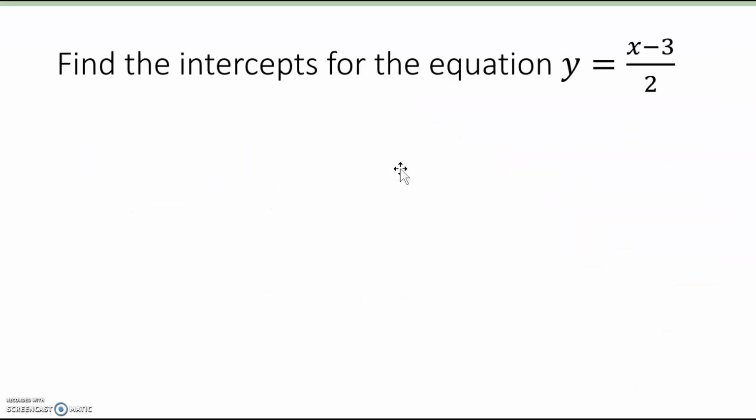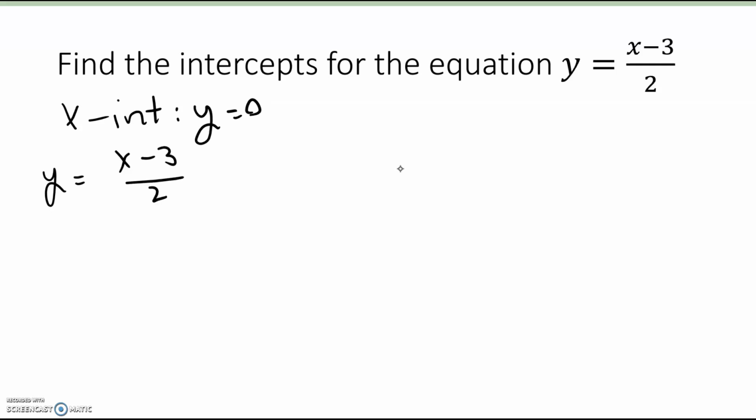Now let's find the intercepts for this equation here. Same thing: we'll solve for the x-intercept first. That means y is equal to 0. So y = (x - 3)/2 becomes 0 = (x - 3)/2. I'm going to multiply both sides by 2 to get rid of the 2 in the denominator.